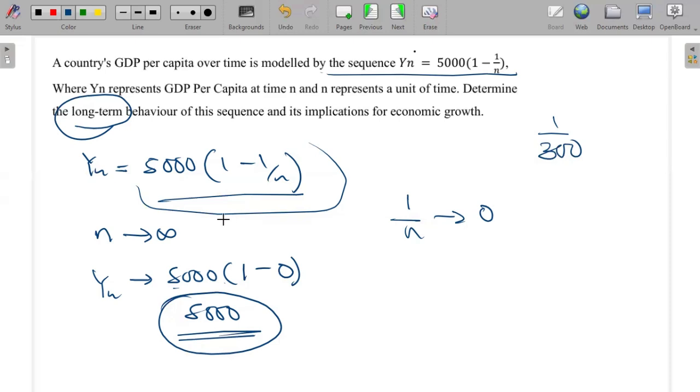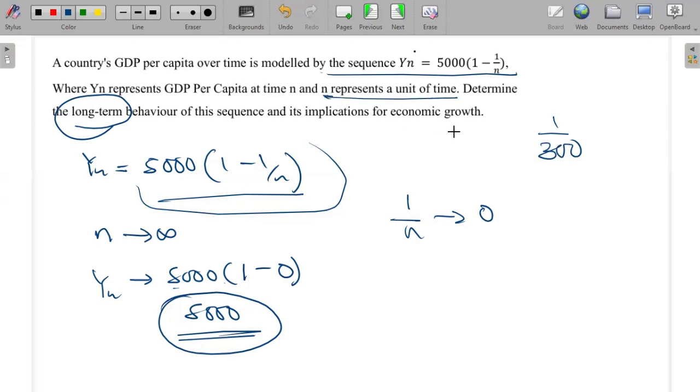Okay, as we said at first, it's representing a sequence. So what do sequences tell us about a certain function? It's the behavior over time. How is it going to be? For example, it's given in the question that n represents a unit of time.